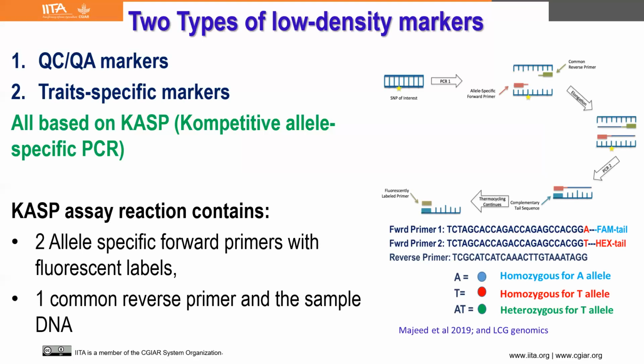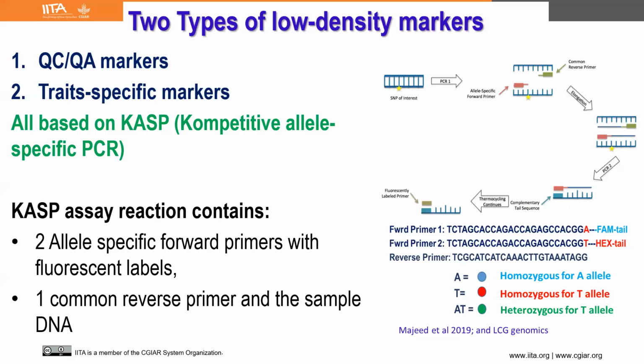These are all based on competitive allele-specific PCR. Briefly, without going into details, the KASP assay normally has 2 forward primers, which target the 2 alleles of the biallelic SNP, and then 1 common reverse primer. Each of these primers is labeled with a fluorescent dye that allows excellent detection of the genotype.